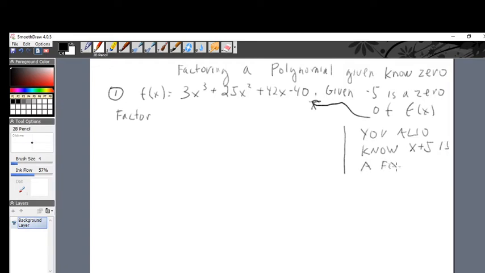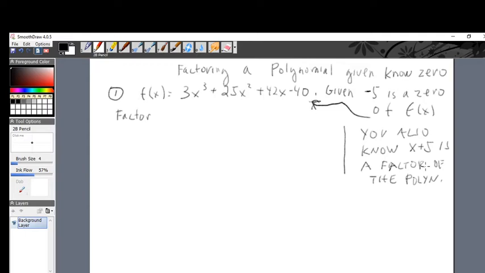So we know one factor of the polynomial. Be careful. It is the opposite of the negative 5. You know that negative 5 is a zero. That means you know that x plus 5 is a factor.